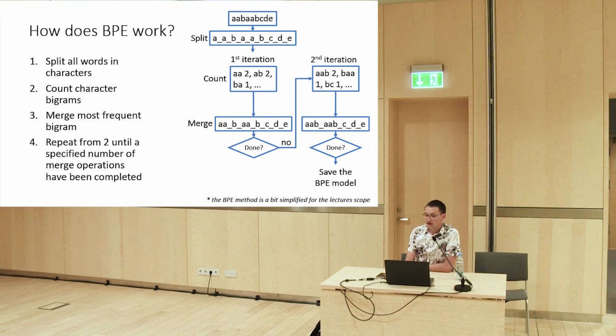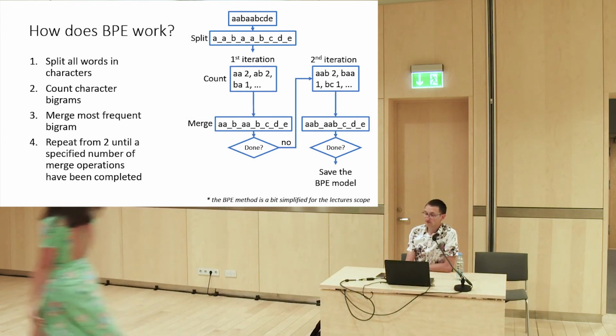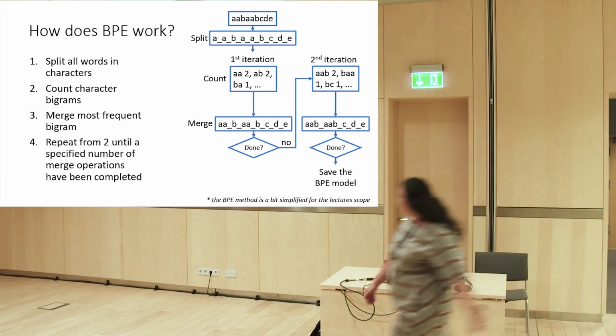Then we count bigrams in our data set, so the whole corpus. We count each of those bigrams, and we merge the most occurring bigram together. This produces one merge operation. Then we look at how many merge operations we have already produced.